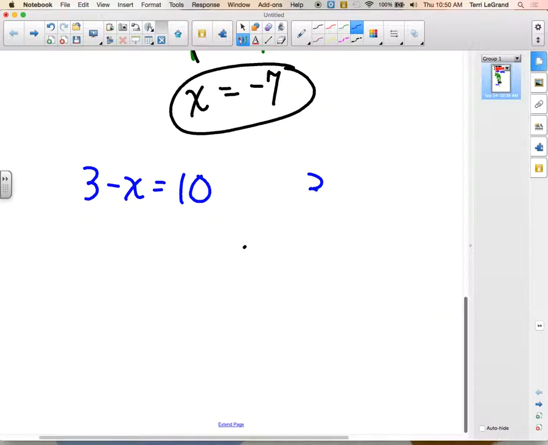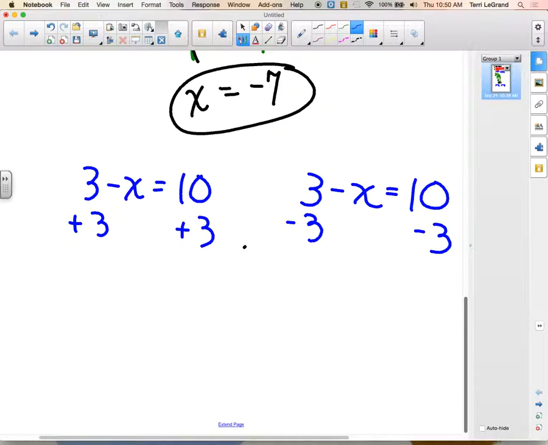Somebody might think that they can read subtraction backwards and say, I gotta add 3 to both sides. That wasn't our first move, was it? The other thing that people do is they say, I gotta subtract 3, they got that figured out, but then they just bring an x down and say the answer is x equals 7.